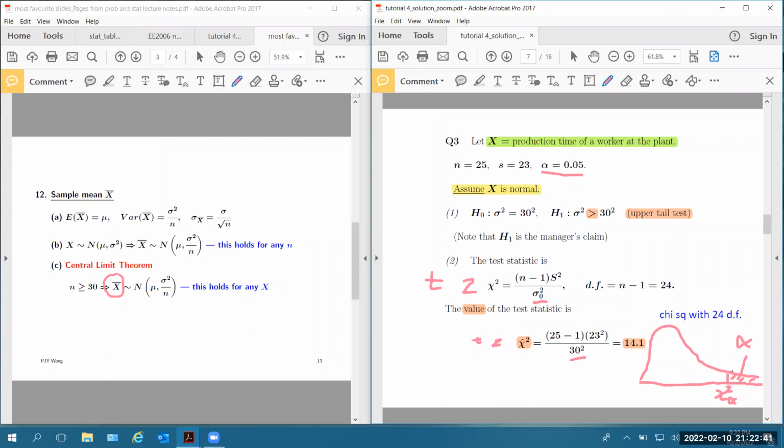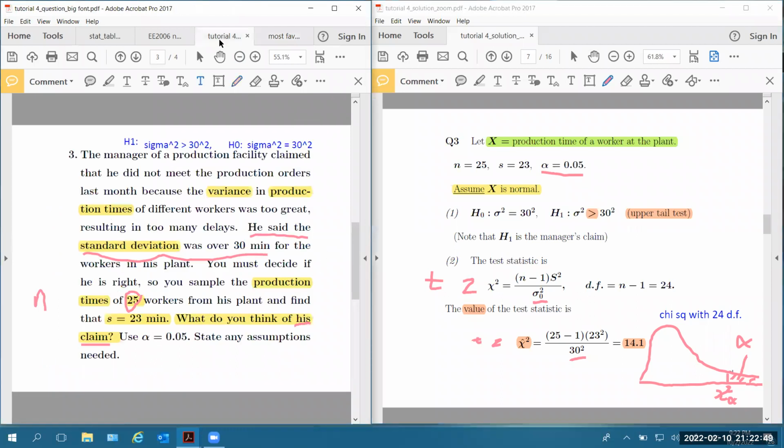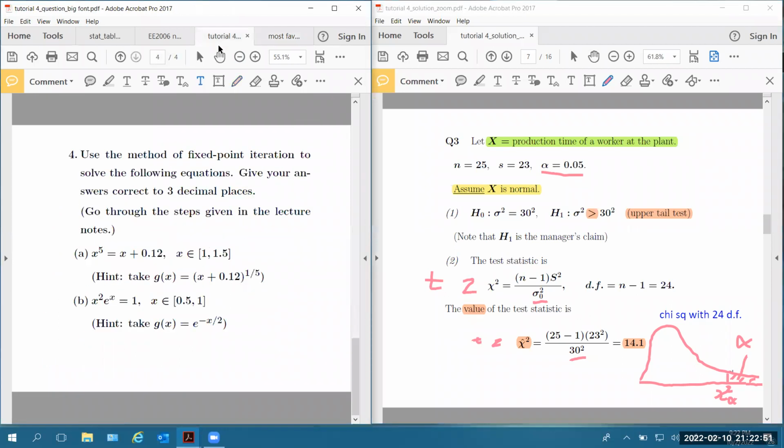Okay, I think that's all. Now let's go to something else. We have completed statistics already, and we are going to numerical methods.